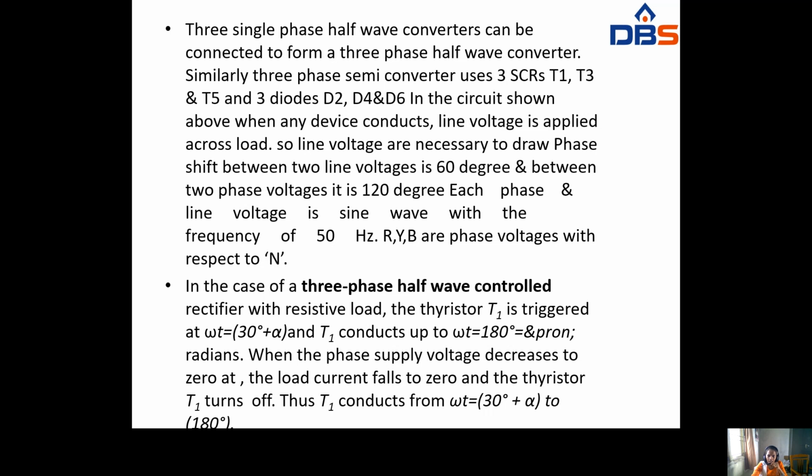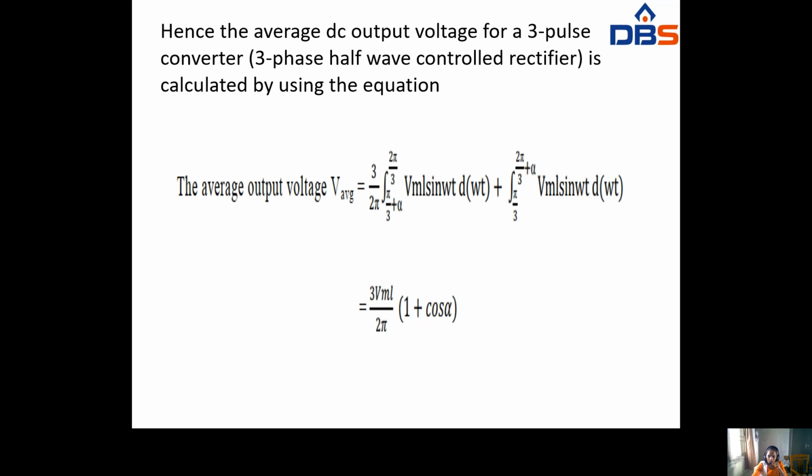Hence the average DC output voltage of the three-pulse converter, the three-phase half-wave controlled rectifier, is calculated using this equation.